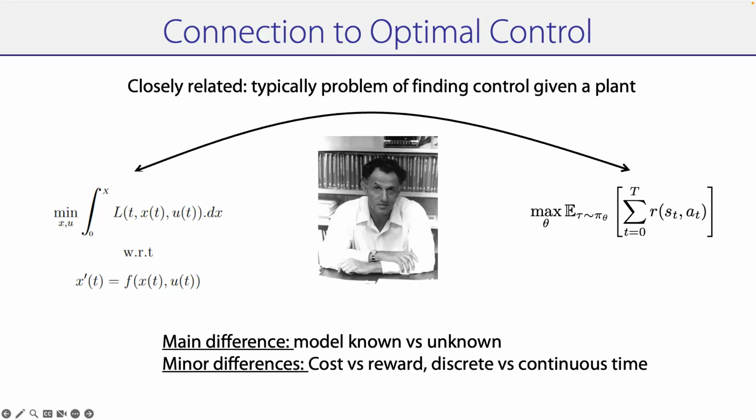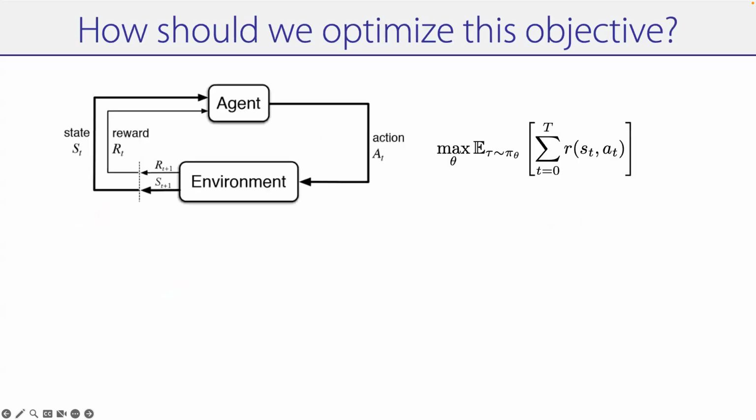Like the Bellman equation, and planning and model-based RL are kind of the same thing.